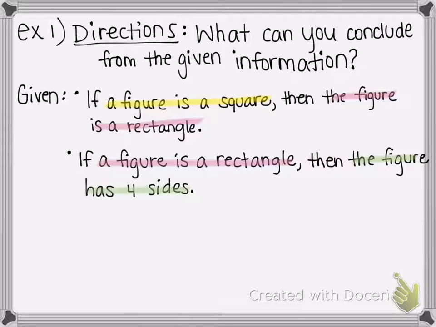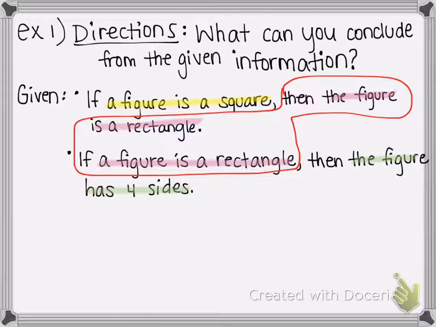So in order to use the law of syllogism, these two colors, hold on, I'm trying to get a different color I haven't used. Okay, this middle stuff needs to be the same color. So the conclusion of your first statement needs to match the hypothesis of your second statement.